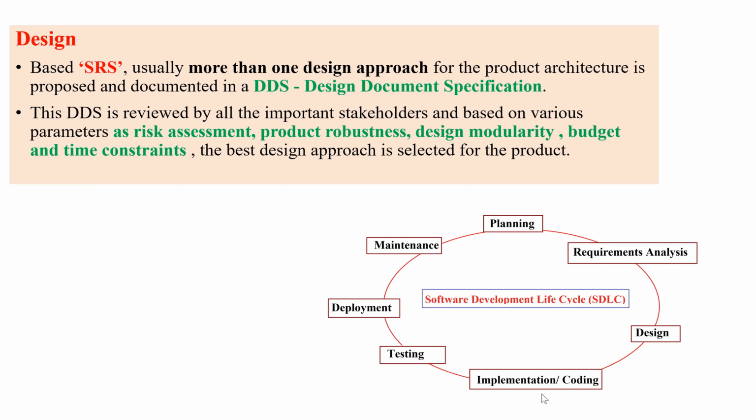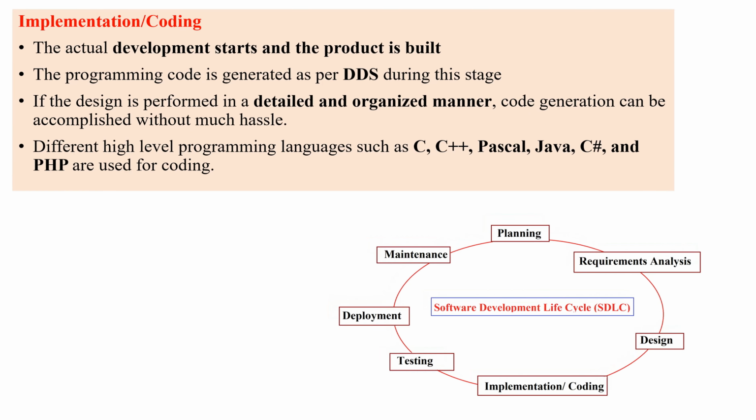After designing, the next stage is implementation or coding. In this stage, the developer will start working on the basic requirements of the product. Let's go to the implementation part. Here the developer will start, and the product is now being built.